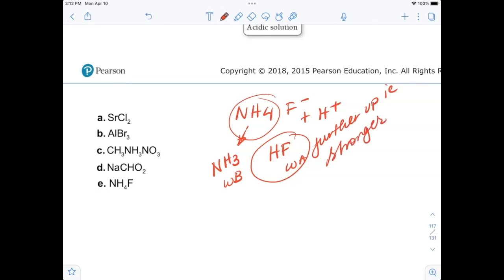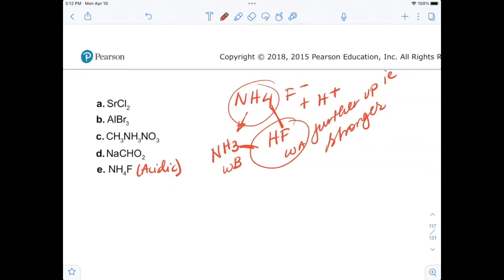And remember, ultimately, the stronger parent influences the child, so to say, or the salt. So this will be acidic based on what we just covered, right? You can compare this and this or this and this. Either one gives you the same answer. It's going to be acidic. Okay, then let's start with part A. So this part is done, right? Acidic. With part A, once again, you have strontium chloride.